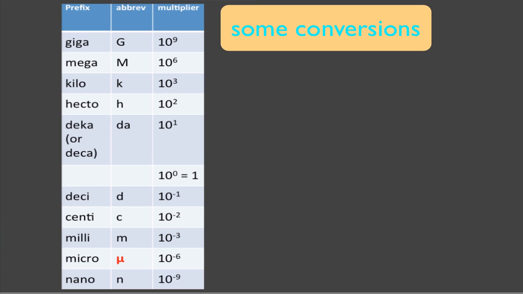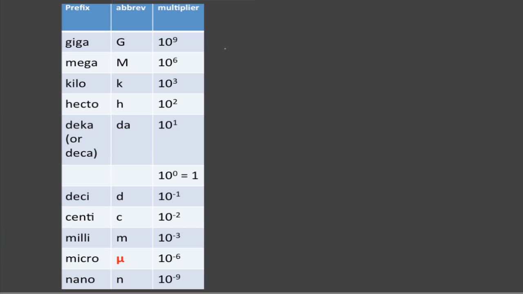We will do some really easy ones, and you can probably do these in your head, but I'm going to go through them slowly. Let's take 3 kilometers, converting that to meters. Now I always like to say which of those units is the large unit and which is the small unit.